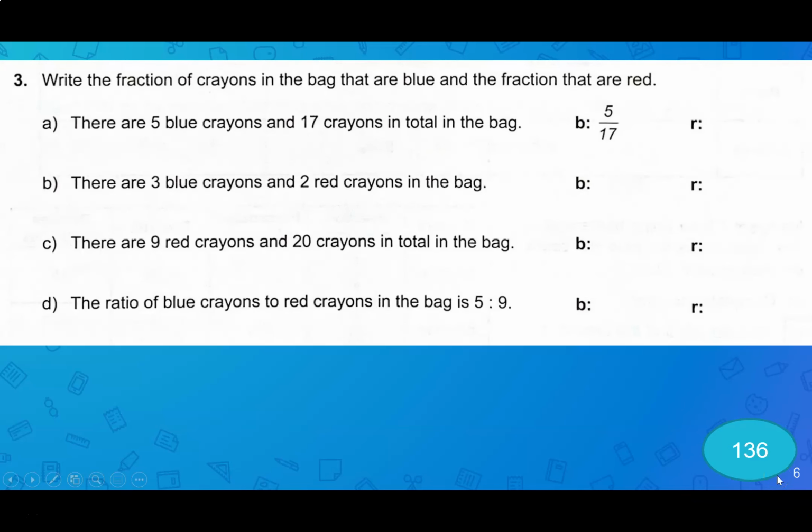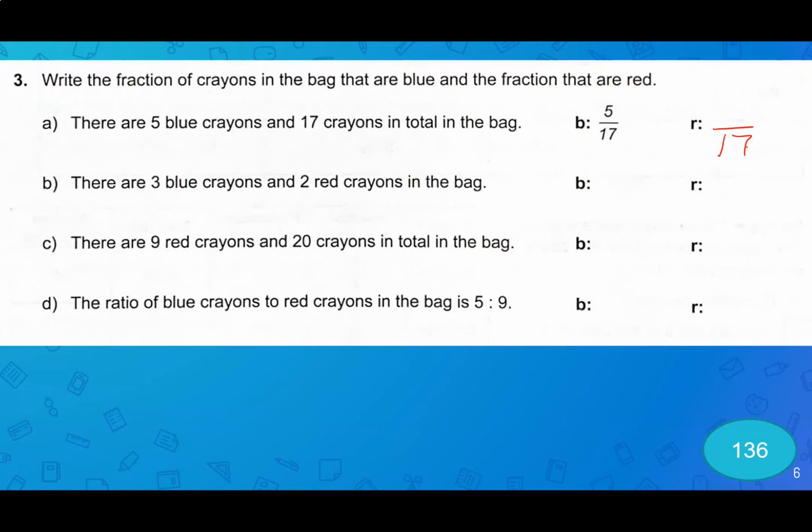Question 3 says, write the fraction of crayons in the bag that are blue and the fraction that are red. Part A says there are 5 blue crayons and 17 crayons in the total bag. So you can see the blue crayon fraction has been written for you, 5/17. So we know for a fraction of red crayons, the denominator will also be 17.